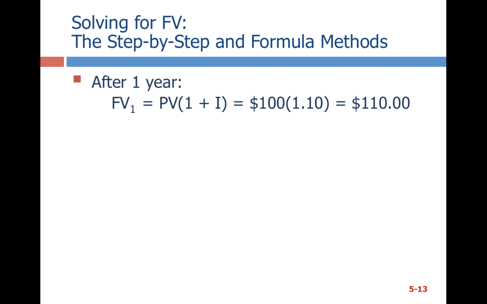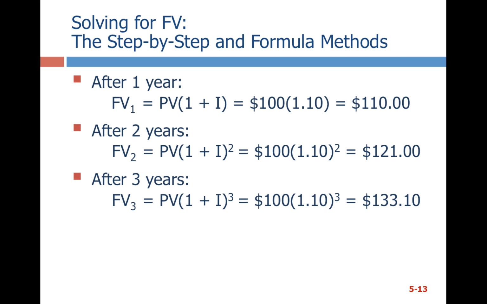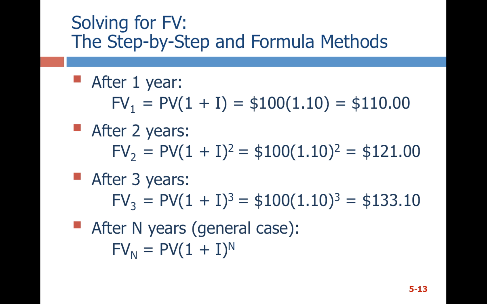After 2 years, the answer would be 121 because that 1.1 is squared. And after 3 years, it's 133.1. So our formula basically reduces down to the formula you see at the end: FV is equal to PV multiplied by (1 plus I) to the n power.